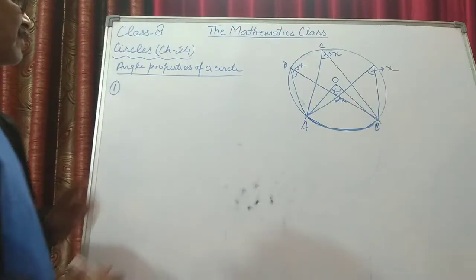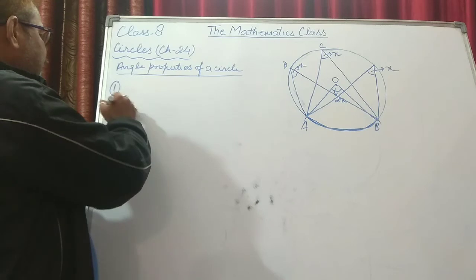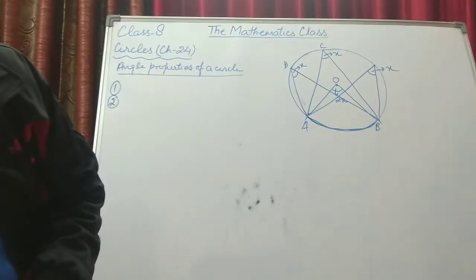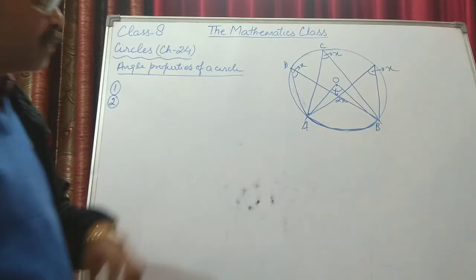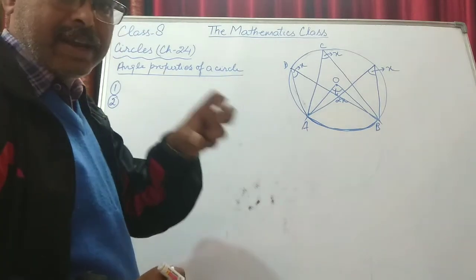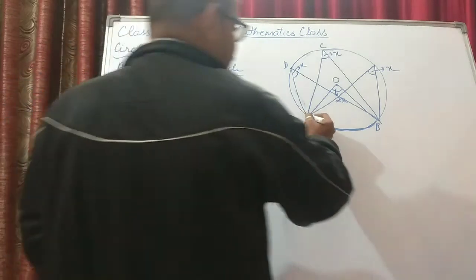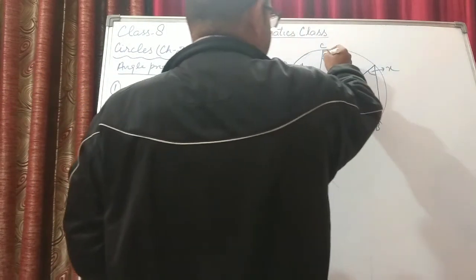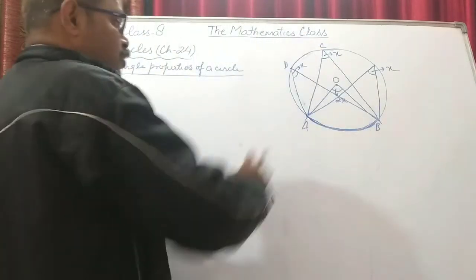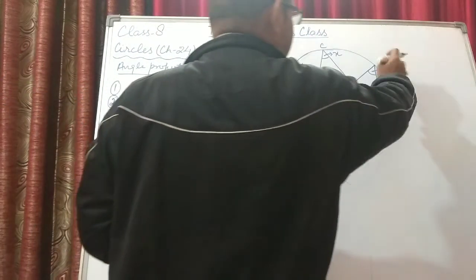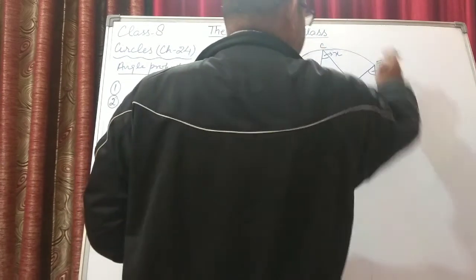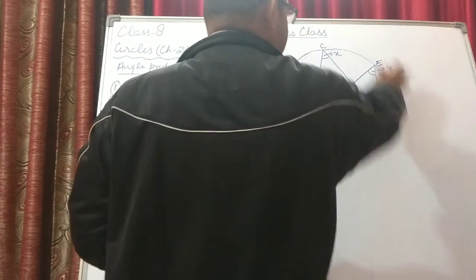This was number 1. Now number 2 is angles in the same segment, that is angles made by the arc. Suppose this is the arc AB. Now this makes x here also, x here also, x here also. So this ADC, let us say ADCEB, this is a different segment.